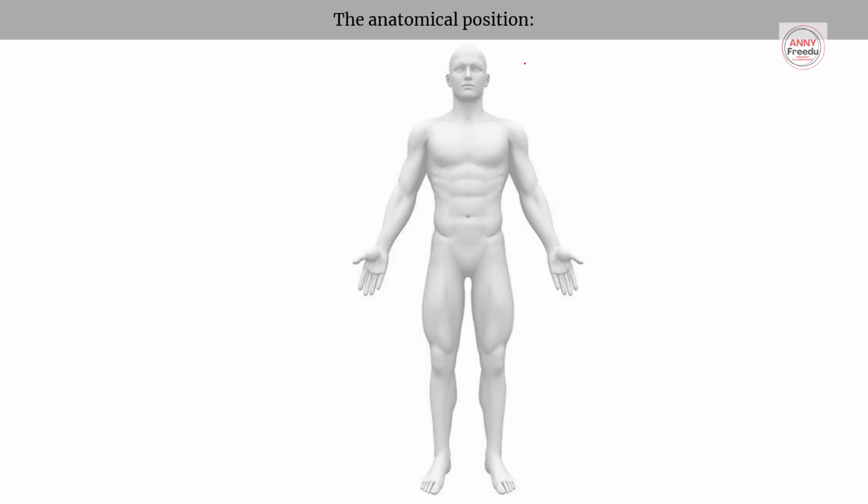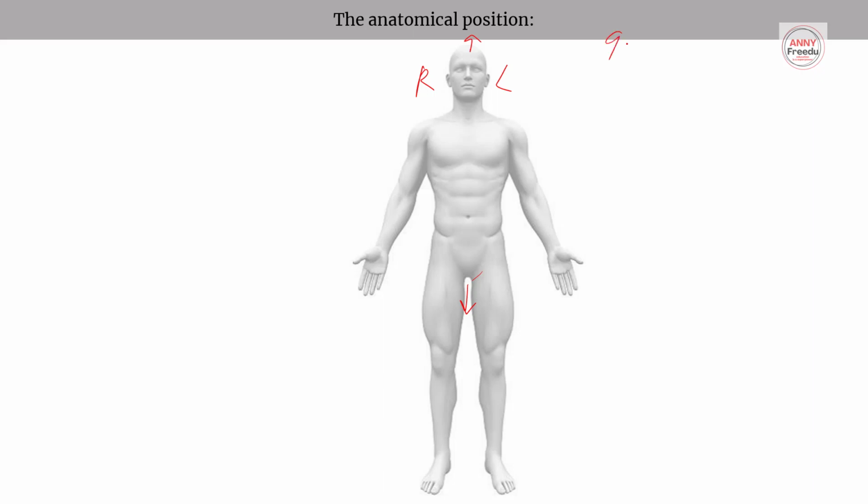Now, let me teach you a very important anatomical terminology that we call the anatomical position. Why do we need this? First of all, because when we describe a patient, it's the patient's right side, the left side, maybe upper part, maybe lower part of a patient, we use this anatomical position to imagine, all right?